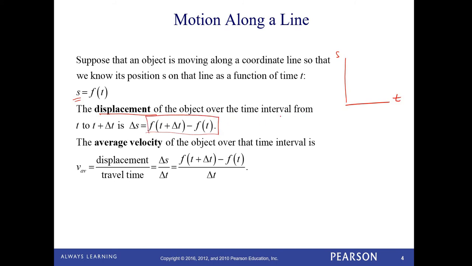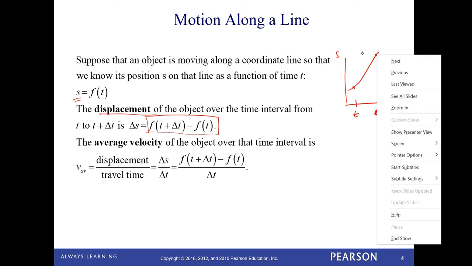So displacement is, if this is t and this is delta t, so this is t plus delta t. So our displacement is how far did we go from here to here.